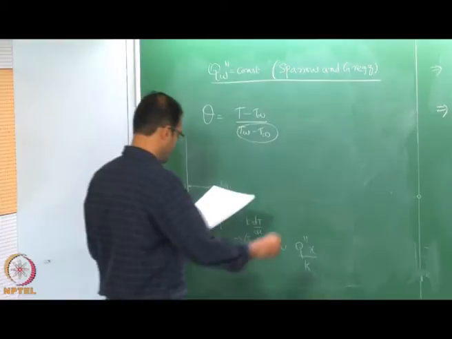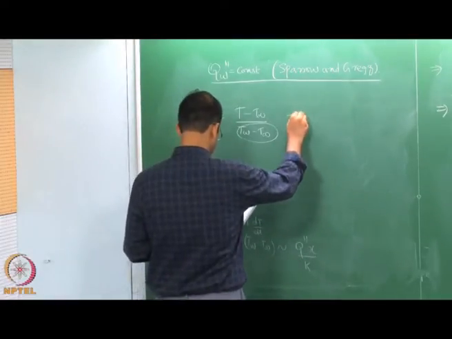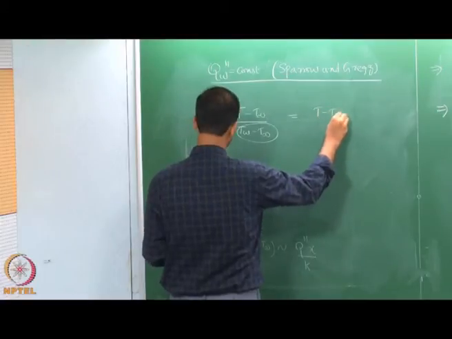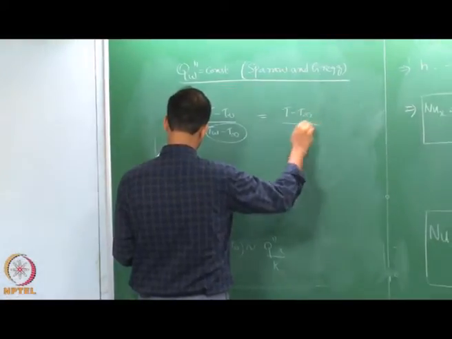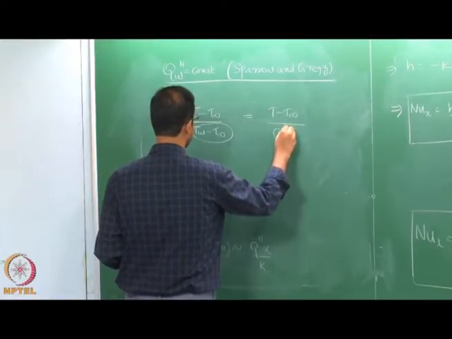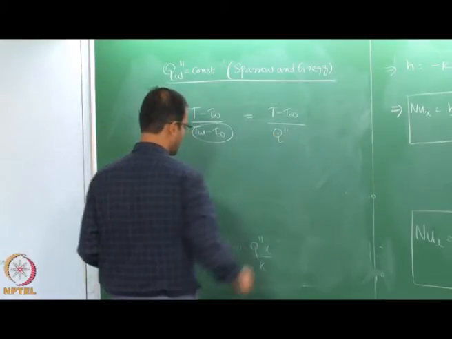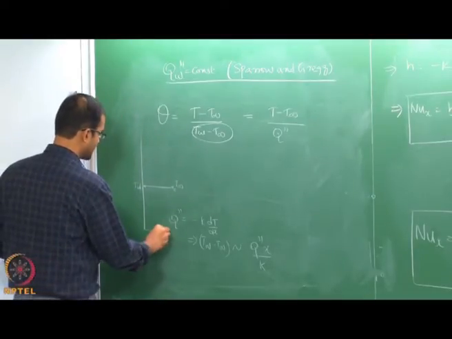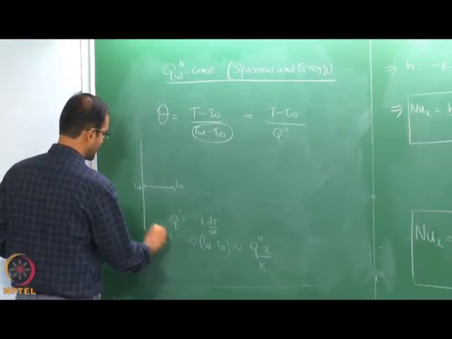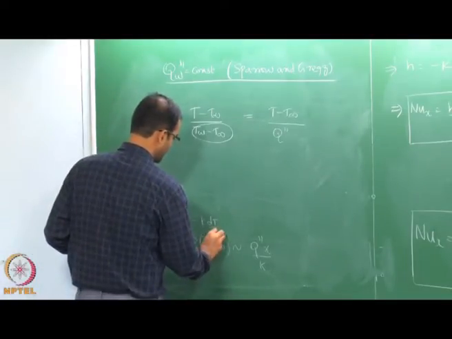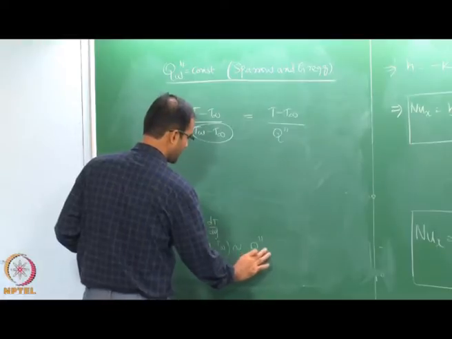So, therefore, we will write theta here as T minus T infinity by, instead of T wall minus T infinity, we have q double prime x by k. Now, your coordinate, this is actually y and this is your x. So, we have to be careful, we will be using y here.